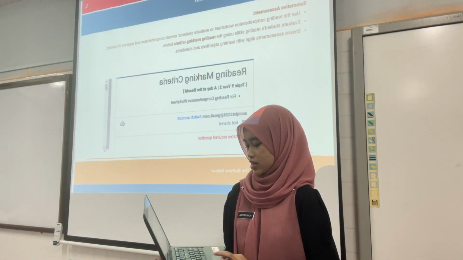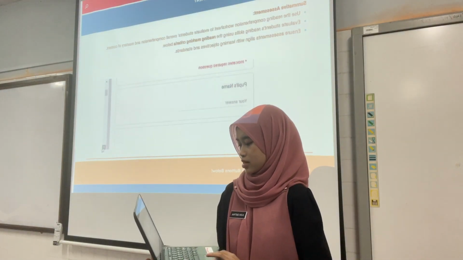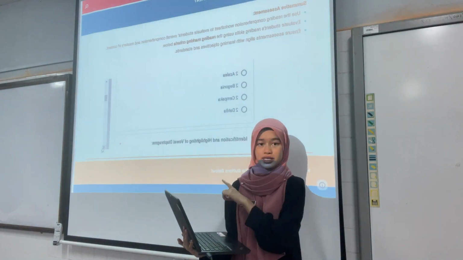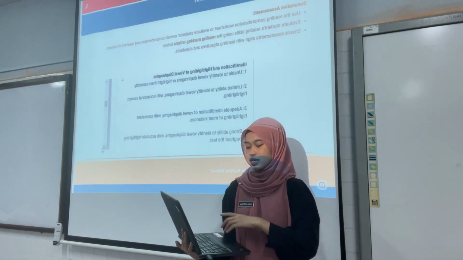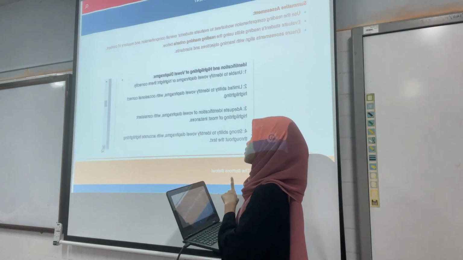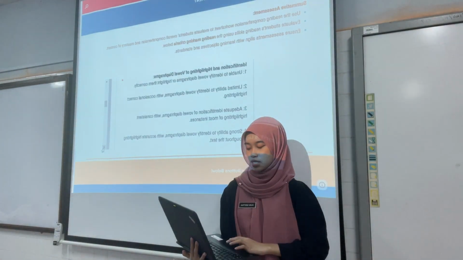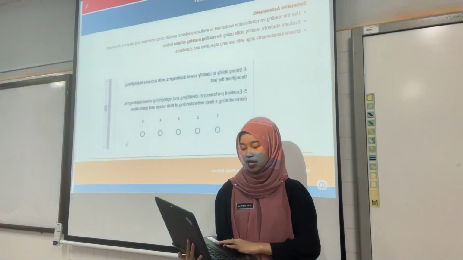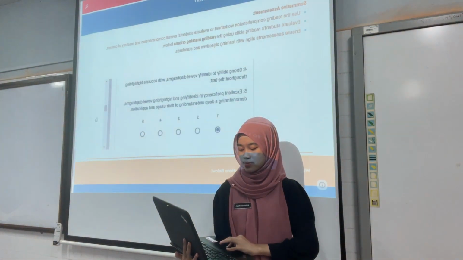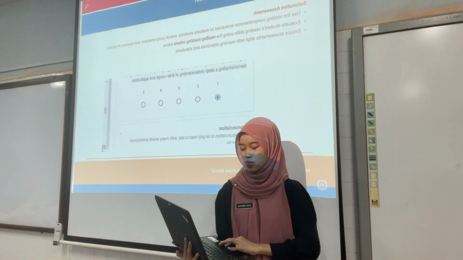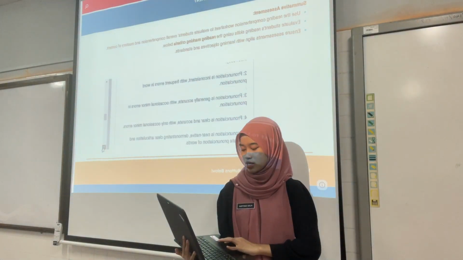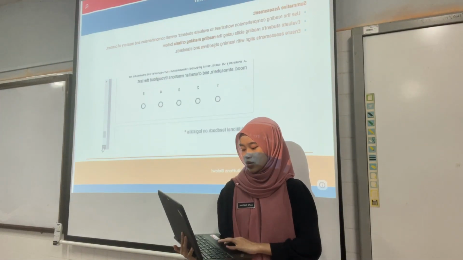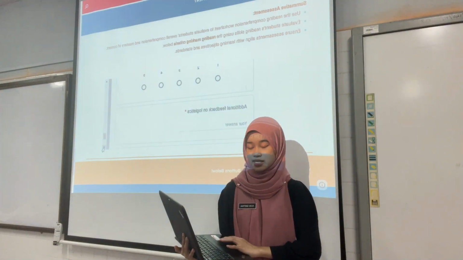So for example, in my criteria, there's the name of the student, the class, and then there's identification of vowel digraph. What you need to do is, if the student is unable to highlight, you put it as 1. And then continue with the pronunciation and the tone.